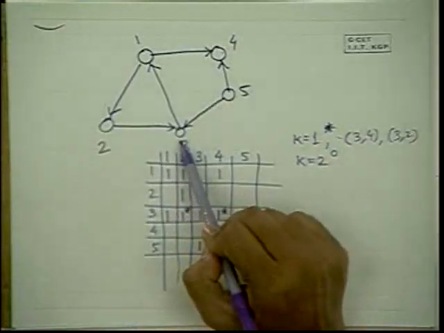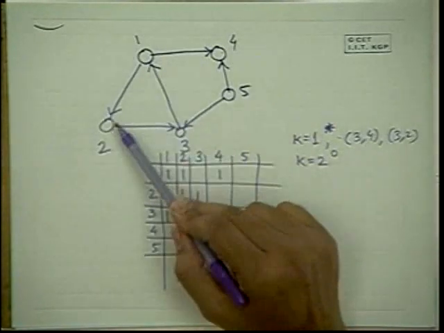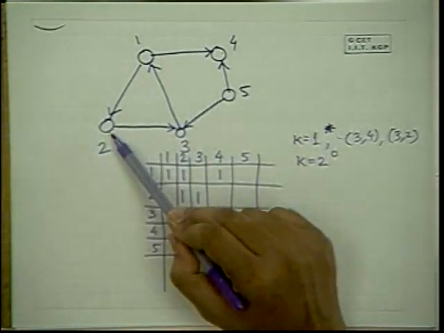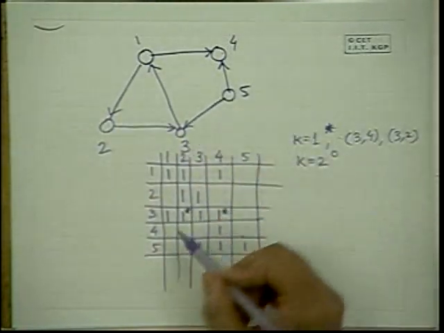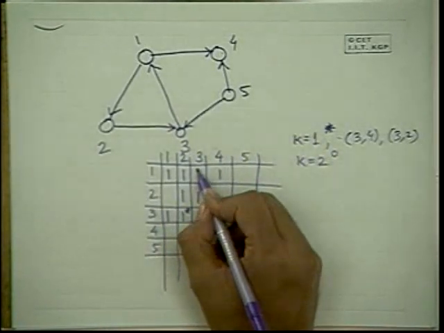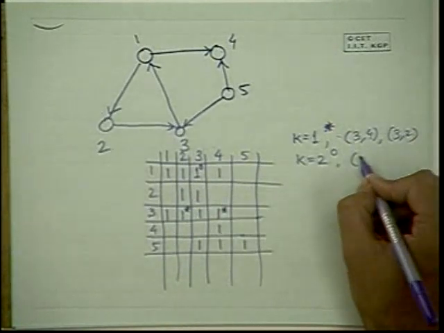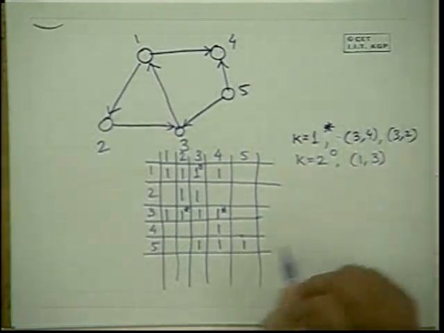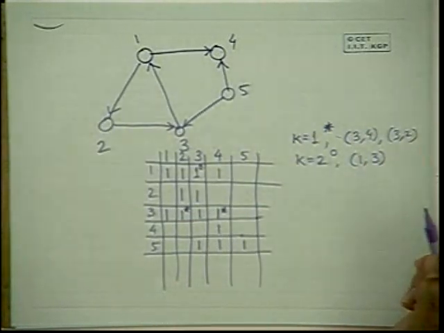Between 1 and 3, you can have 1, 2, 3, and this is allowed now. So at this iteration you will have an edge between 1 and 3. And there will be no other edge with indices less than or equal to 2 which is not set yet. This is the only one at this iteration.